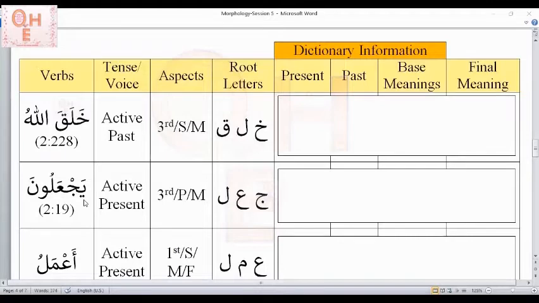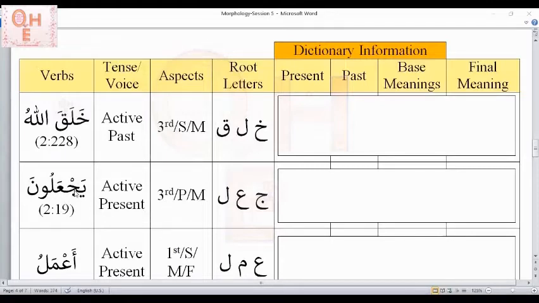Okay. Now, how about the aspect? So I'm going to run the yaf'alu table in my mind. Yaf'alu, yaf'alani, yaf'aluna. What I'm trying to do is match the prefix and the suffix. Yaf'aluna, yaj'aluna, the prefix and the suffix match. So where does it fall? Yaf'aluna, it falls third person plural male.